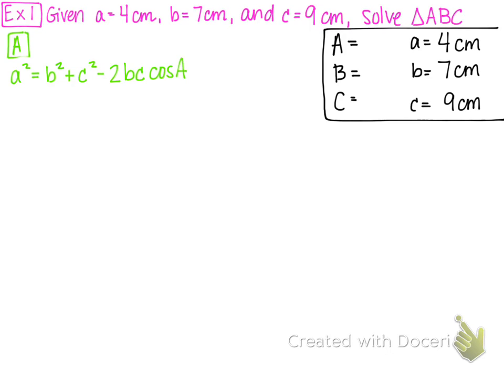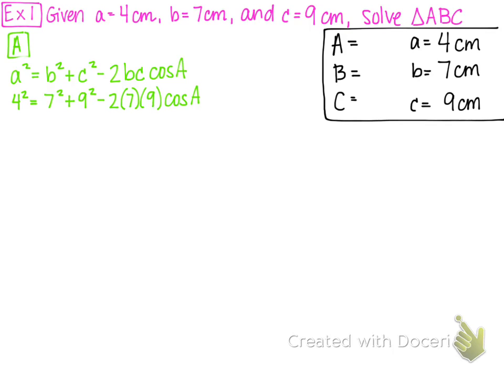We know all the little letters. So little a, we have 4 squared is equal to little b, which is 7 squared, plus little c, which is 9 squared, minus 2 times 7 times 9 times cosine of big A.